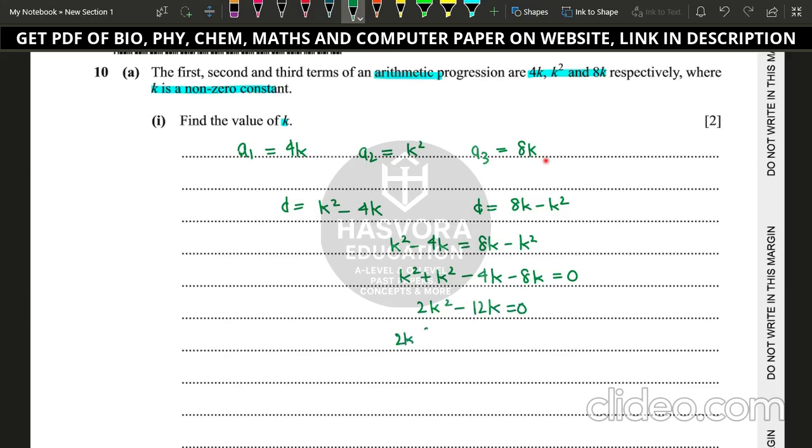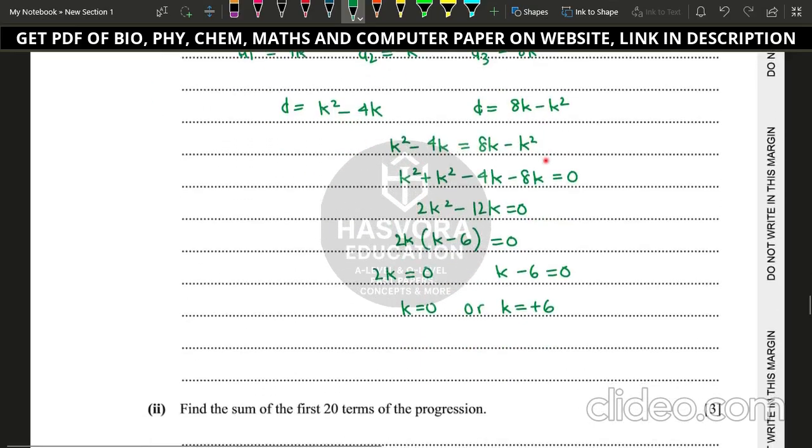So 2k into k minus 6 is equal to 0. So 2k is equal to 0, or your k minus 6 is equal to 0. So k will be 0 or k will be plus 6. Now they have told you it is non-zero constant, so this means k is equal to 6 only. And this is your value of k.